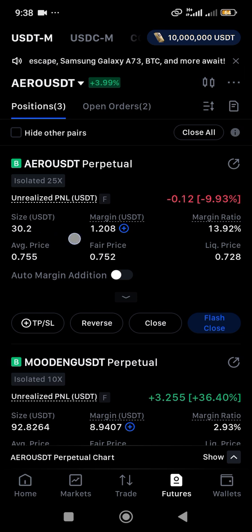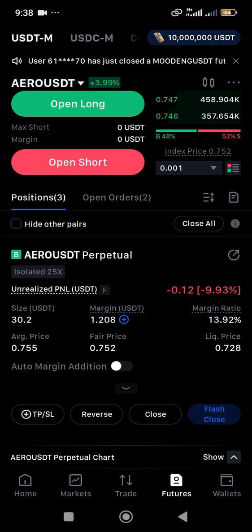So the same way it will increase your profit if you are profiting. If the trade is moving in your favor, you will be making more profit because of the amount of leverage you are using. If the trade is going against you and you are losing, you will be losing more because of the amount of leverage you are using.